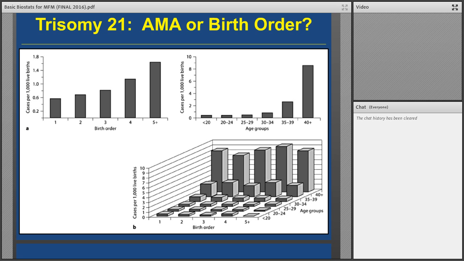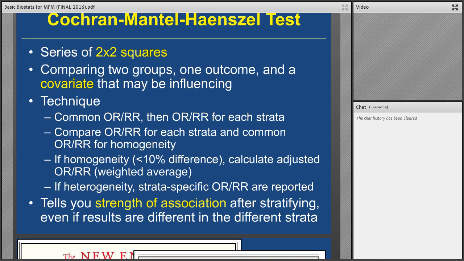And so this is a real graphic representation of creating these stratifications, and helping us describe the data to see where the significance is. And so applying this kind of analysis shows us that it's age, it's not birth order, that birth order is a covariate with age, because as people get older, they have more babies.